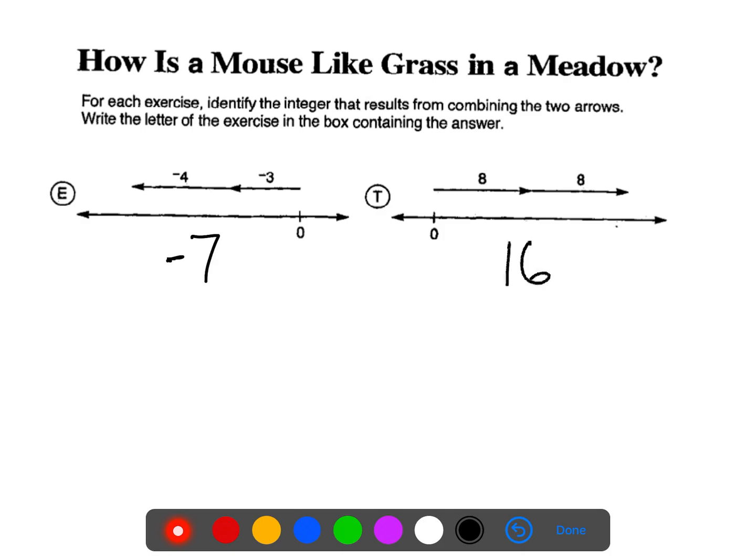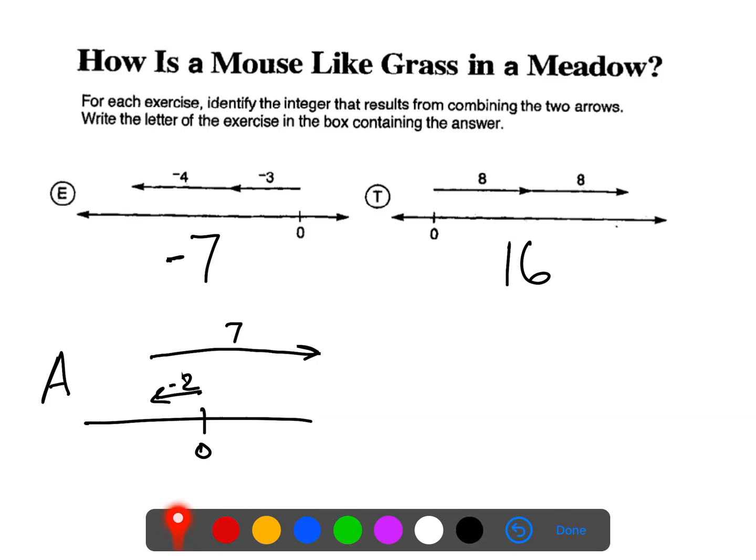So for the next one, for letter A, on that number line, it went to -2, and then it went to 7. The problem here, the two addends would be -2 plus 7. And because they're of different signs, positive and negative, there's an overlap here.